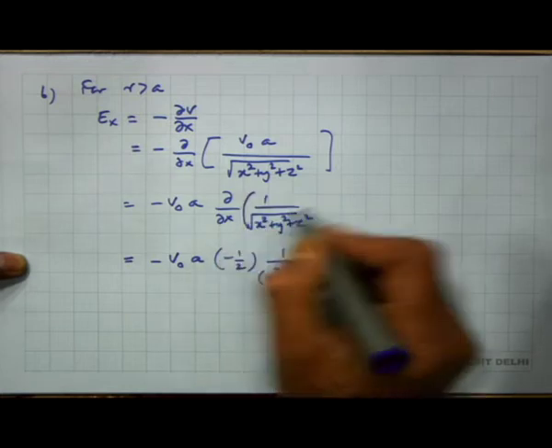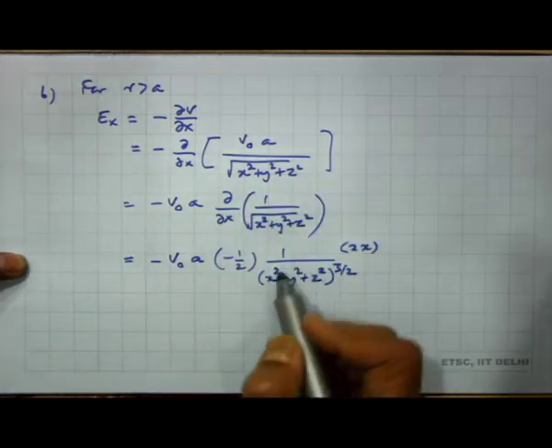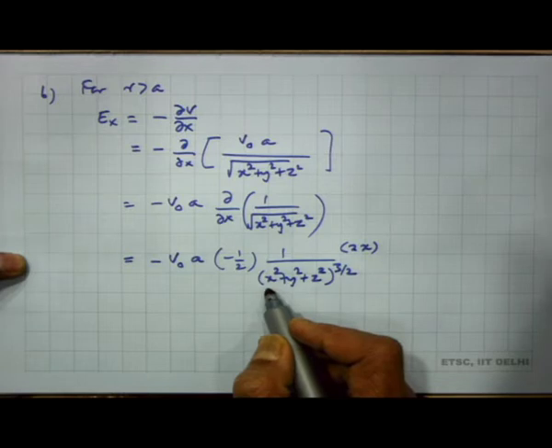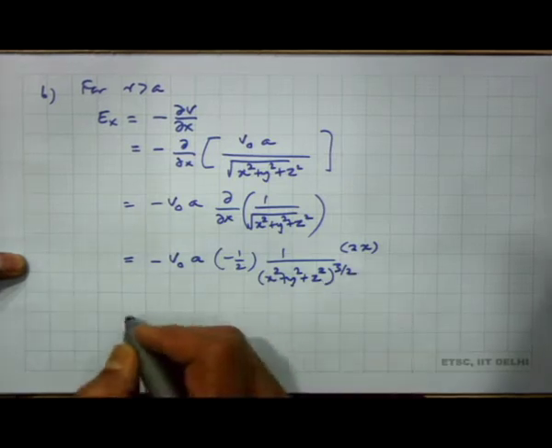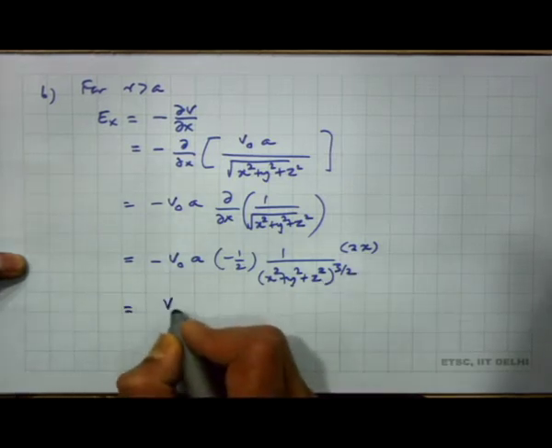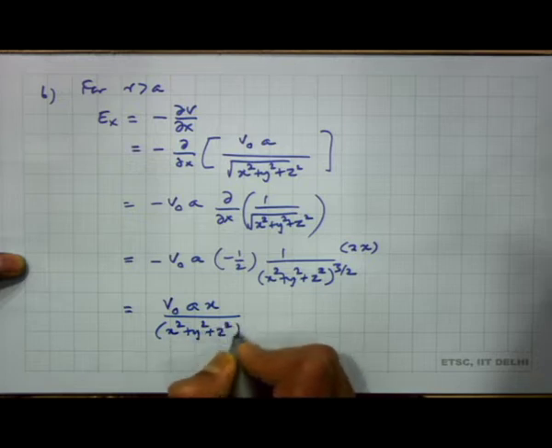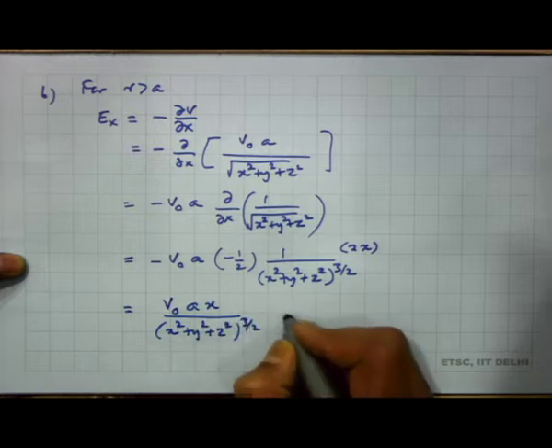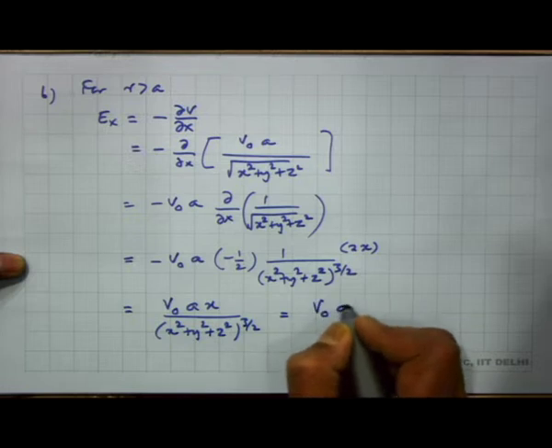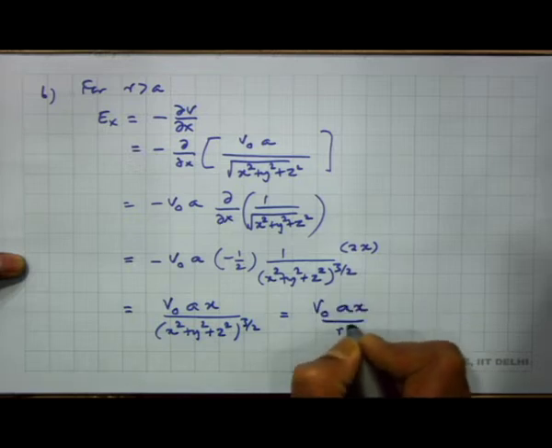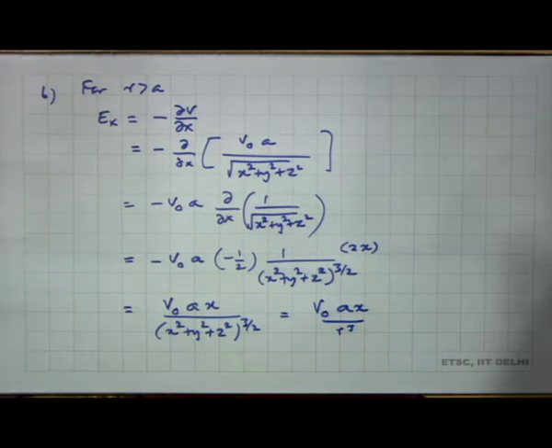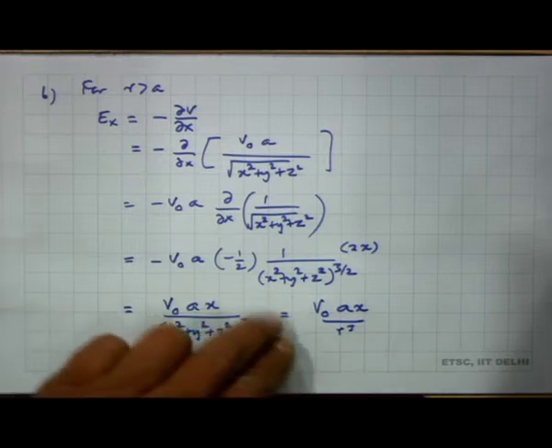Differentiating this with respect to x gives me this, and this is nothing but V naught a x by (x square plus y square plus z square) raised to power 3 by 2, which is nothing but V naught a x by r cube. R is square root of x square plus y square plus z square, so this is nothing but r cube. So, E x happens to be V naught a x by r cube.